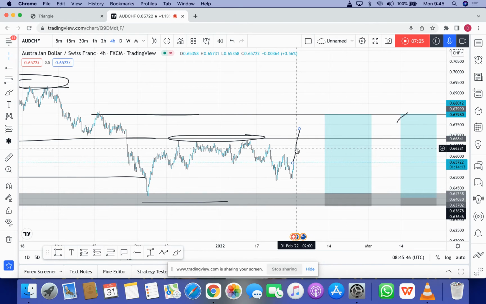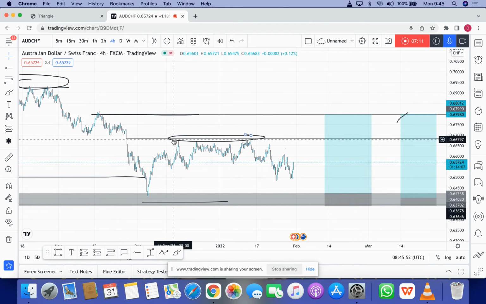We are looking at certain reaction at this level because price reacted to this level, and we have a fair value gap that needs to be filled here. If price should react to this fair value gap, definitely we could see price getting to this point to mitigate another block to the downside here.